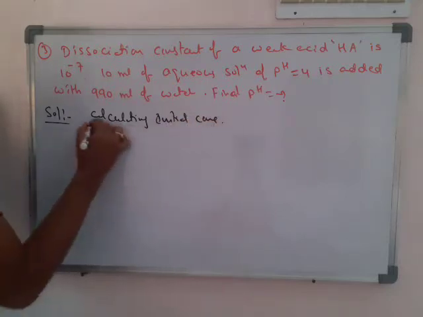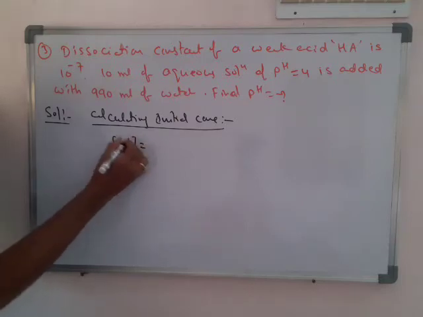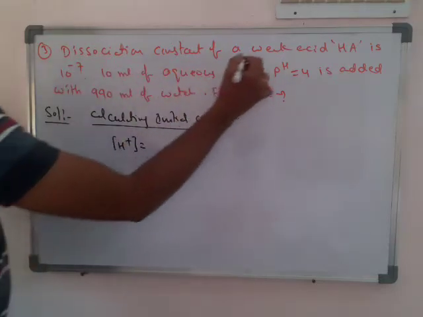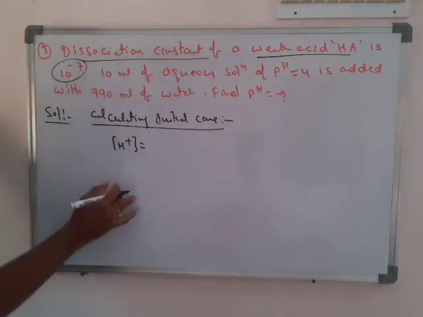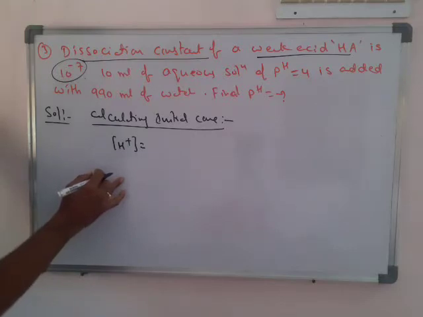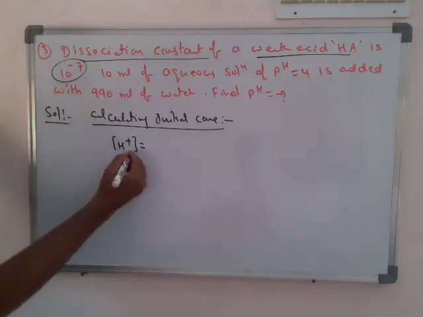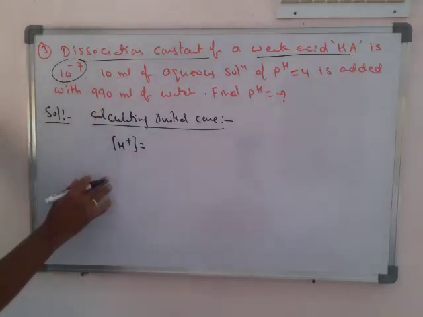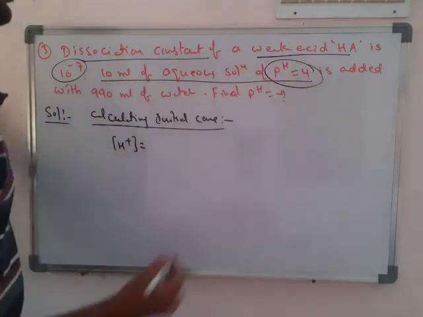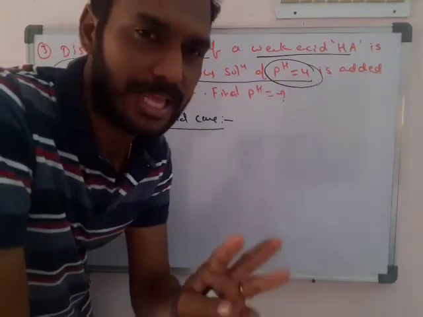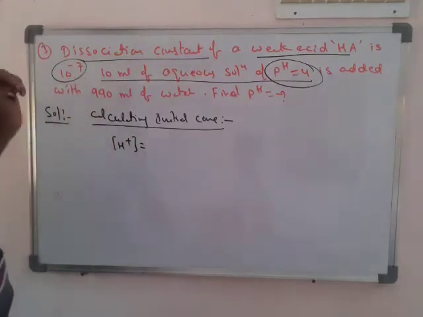So the first step is calculating the initial concentration. For this weak acid, whose dissociation constant K is given, H plus equal to root of Ka into C. Its pH is given as 4 and its Ka is 10 power minus 7.